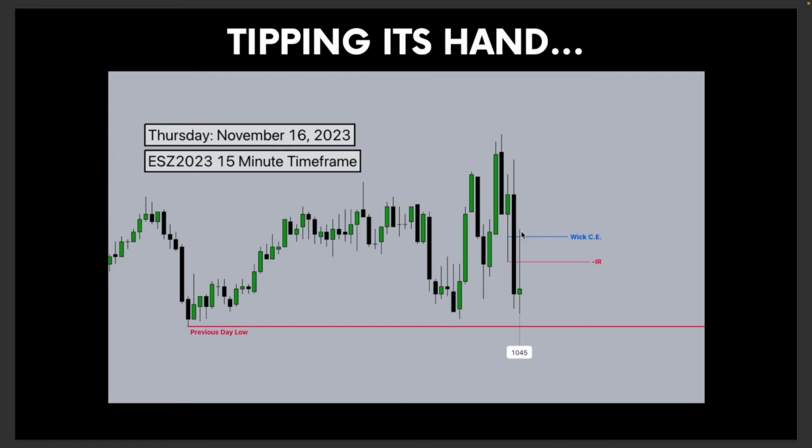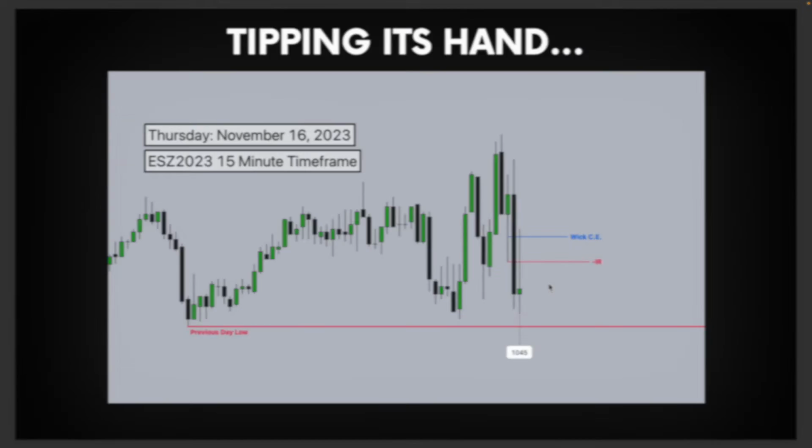We dig up into that wick above CE, get that bearish immediate rebalance. Is there any inefficiency up here for price to go up to if we're targeting this low? No, there's no inefficiency. So it's reasonable to expect something in forms of a short setup to occur during this wick. So let's go to lower time frames and see what we had.